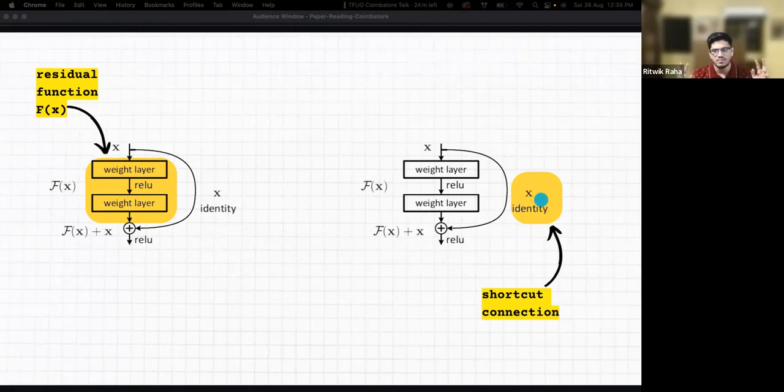Both are required because we need to add the original information x back to the network periodically, but we also need to make F(x) learn from these weights and biases. That's how the network architecture is going to go forward.